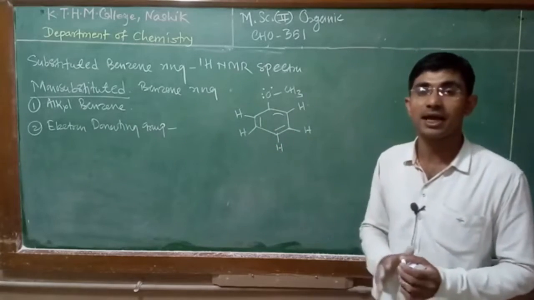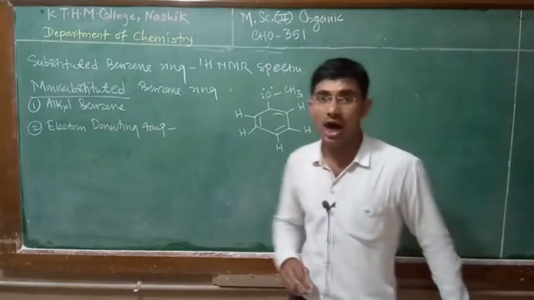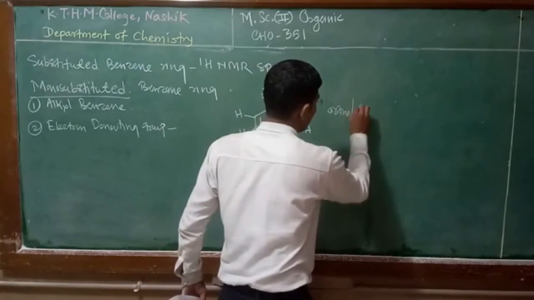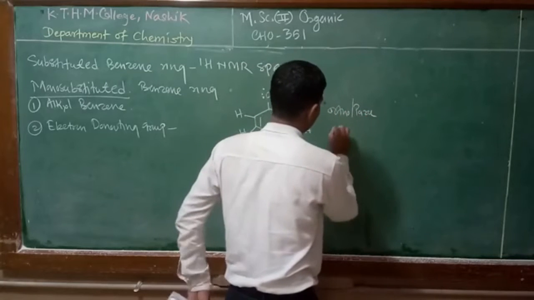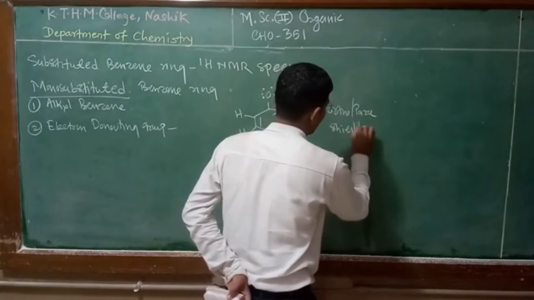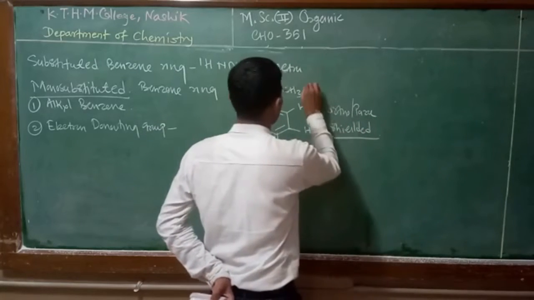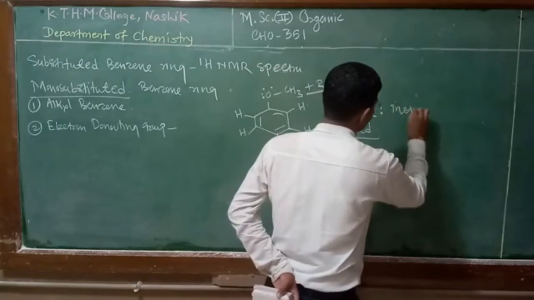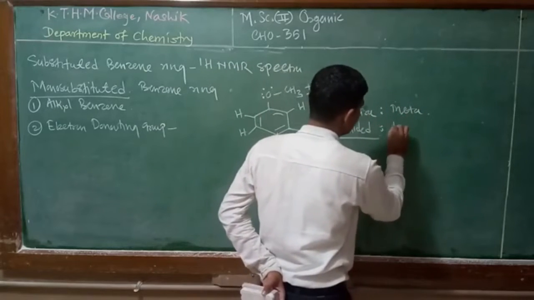Means they are shielded. Which protons? Ortho and para. So ortho and para protons are shielded here because of the plus I effect and plus R effect of this group, while these meta protons are deshielded here.